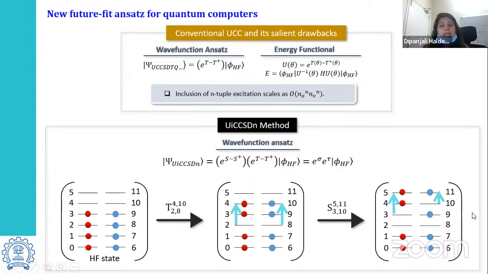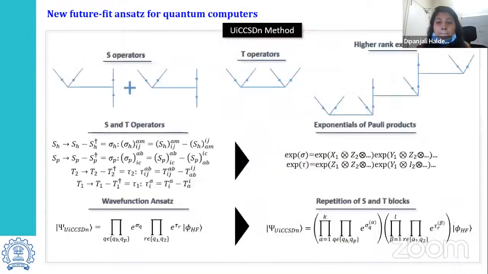It's just an example, so I have shown a triply excited determinant, but via the contractions of S and T operators, and due to the exponential nature of the ansatz, the e to the power S operator, it is possible to simulate the effects of higher rank excitations using only two body operators.